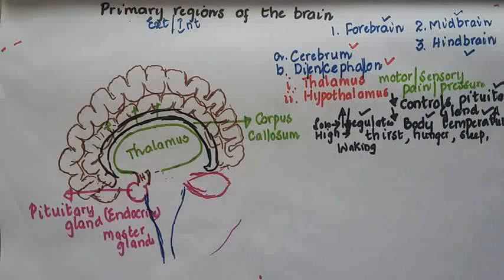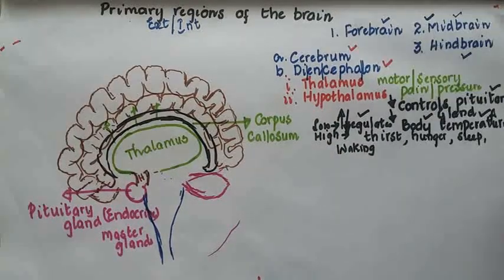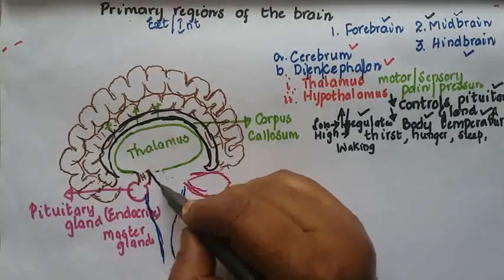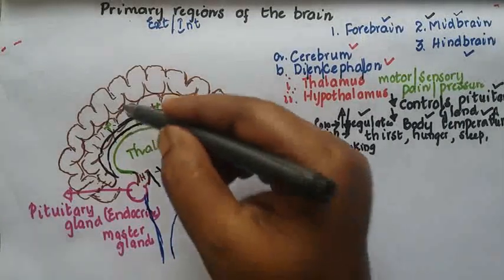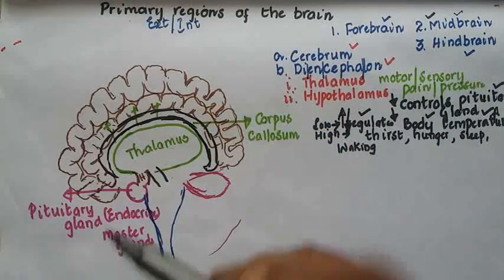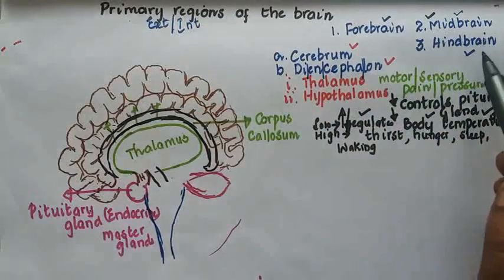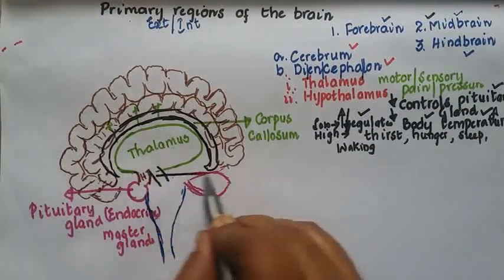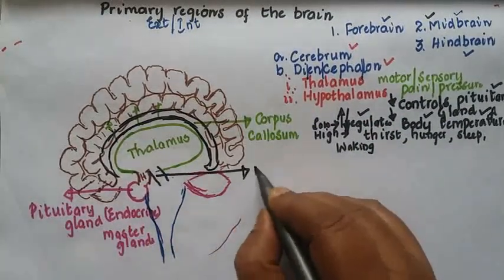Now the next region is the midbrain. In between our forebrain and the hindbrain, we find a small tubular structure, and the small tubular structure is nothing but the midbrain.